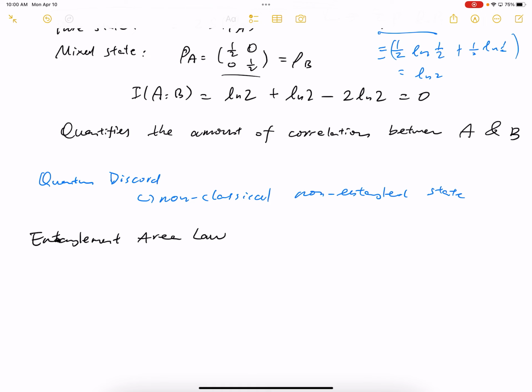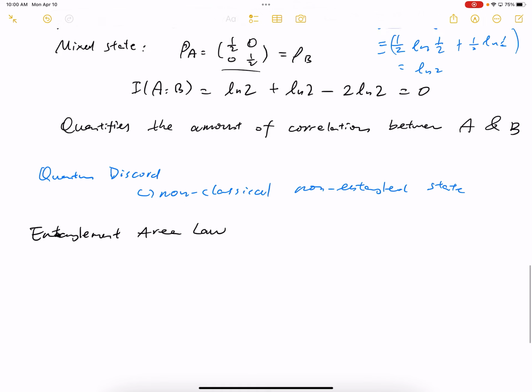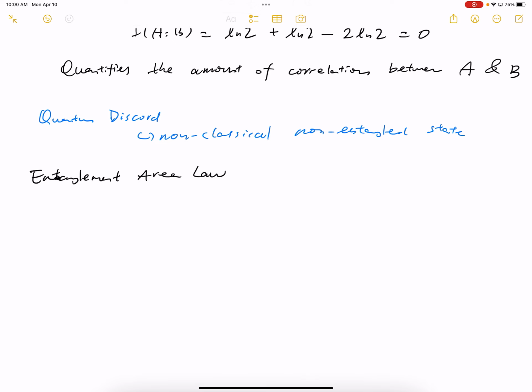So I can write this down. It basically says that the entanglement entropy for most physical states, and we'll define what physical state actually means just a bit later.